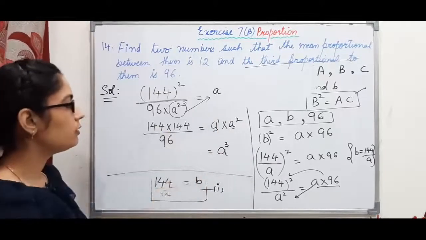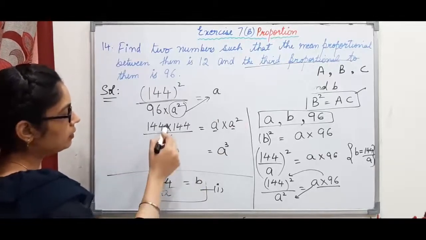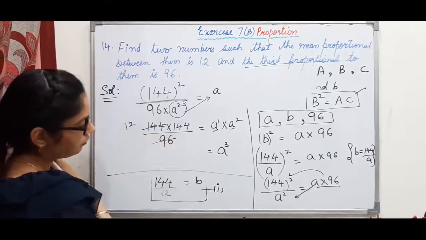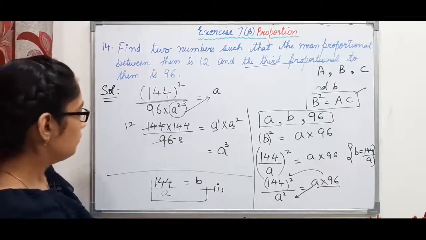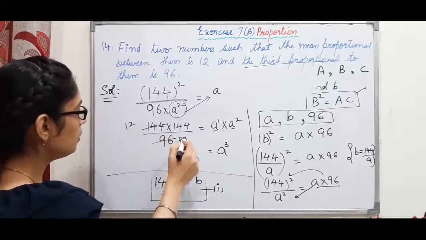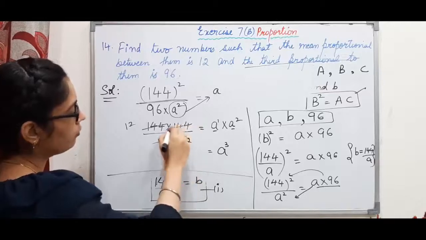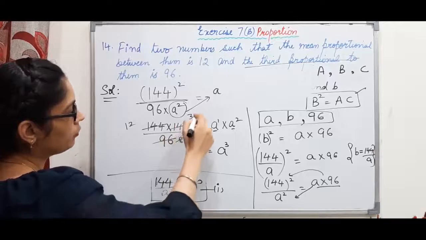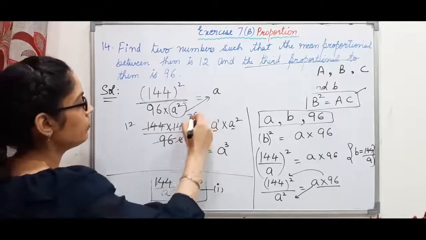Here if any cancellation is possible we can do it. On the 12th table it is possible, 12 into 12 and 12 into 8. Then again we can do cancellation on the 4th table, 4 into 2 and 4 into 3 is 12, 4 into 6 is 24.